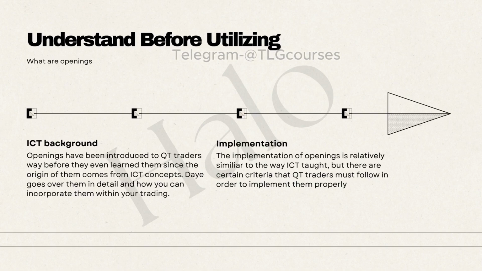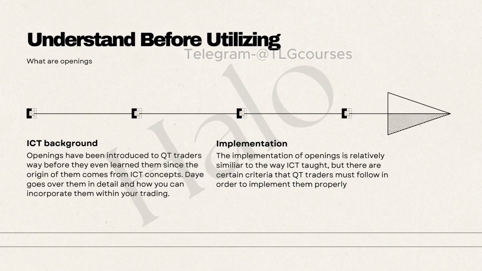Now, what do I mean by that? I'm not specifying true openings. I'm specifying openings in general, prioritizing the opening price, such as the 6 p.m. open, midnight open, 9:30 open, 10 a.m. open, 8:30 open, right? Now, the one thing that separates QT from all of these is the way we utilize these openings and which openings we actually look at.